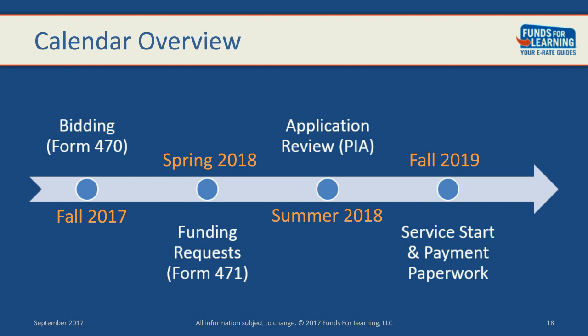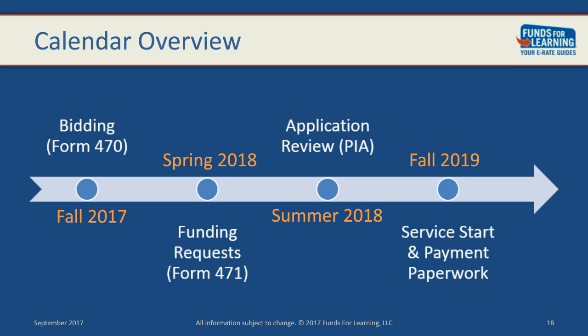And this diagram gives you a general sense of what the calendar looks like for this funding year 2018 that we are right now planning for. So we're here. It is the fall of 2017, and the bidding and procurement process for 2018 is already kicking off.